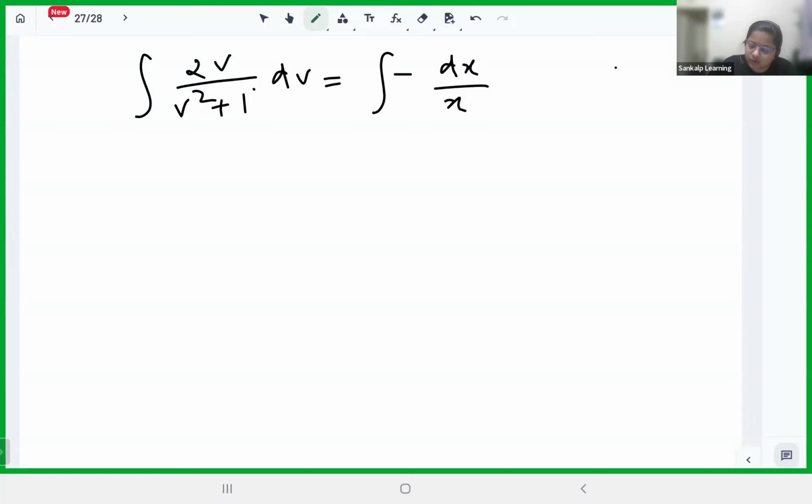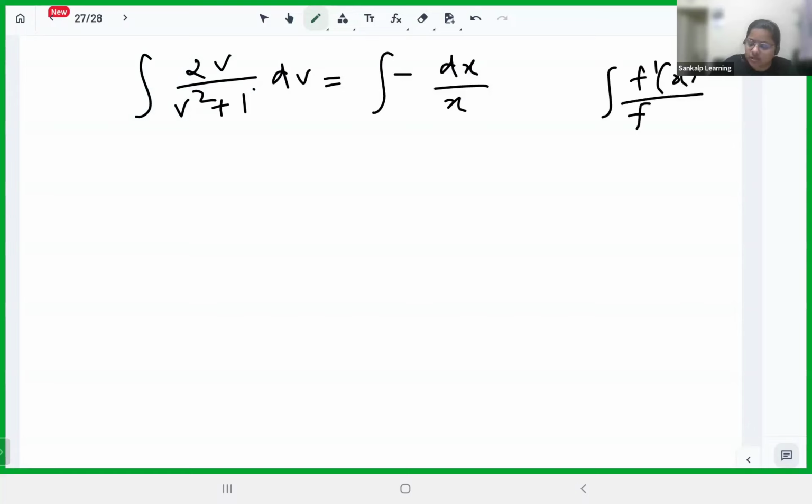So now integrate both sides: integral of 2v by v square plus 1 dv is equal to integral of minus dx by x, right? And here you can see that the first one is of the form integral of f dash of x by f of x. So this is log mod f of x, right?